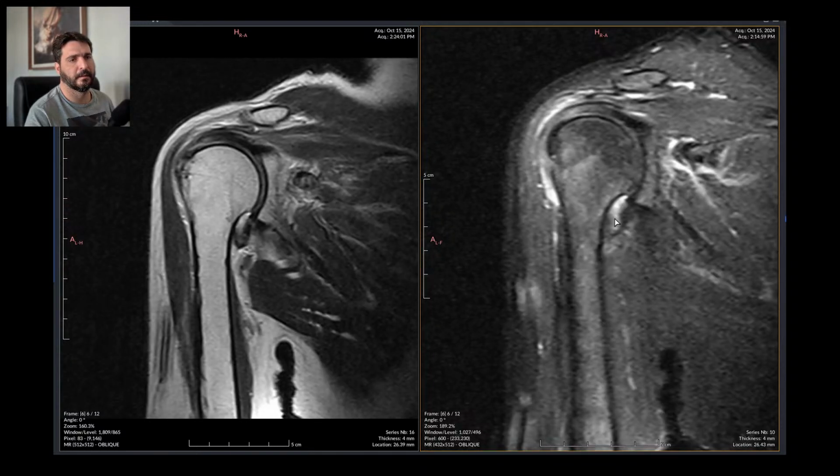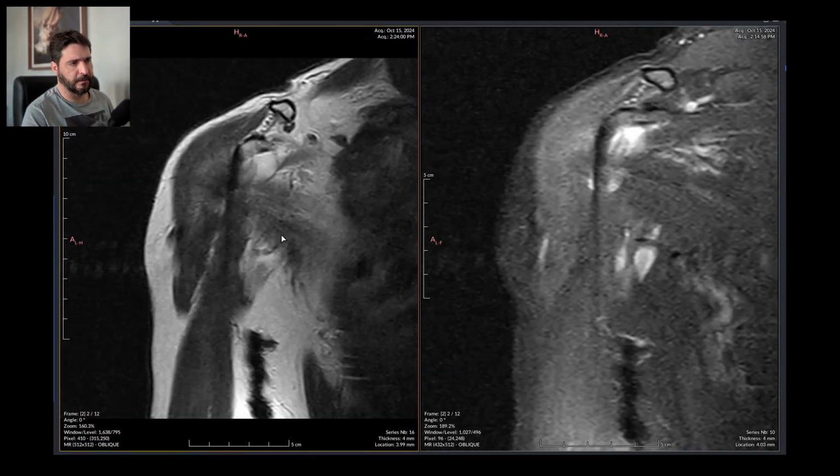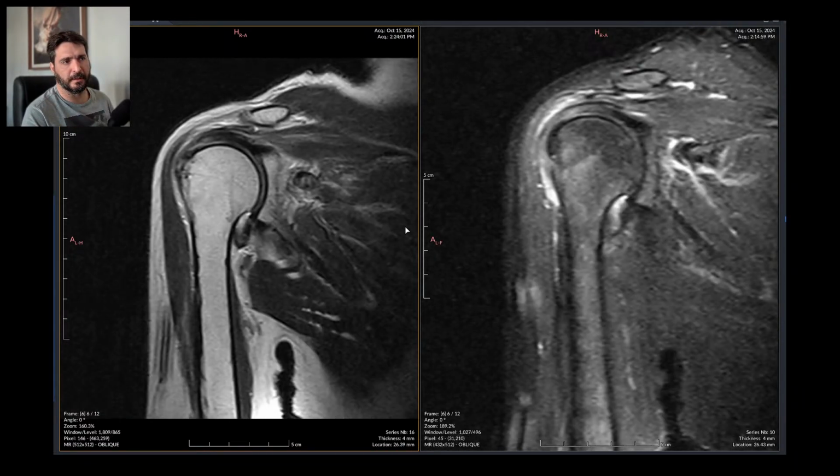Yes, see, bright on PD and bright on this sequence without fat saturation, which should be a T2 or a PD. Excuse me, a PD without fat saturation. So this is useless.